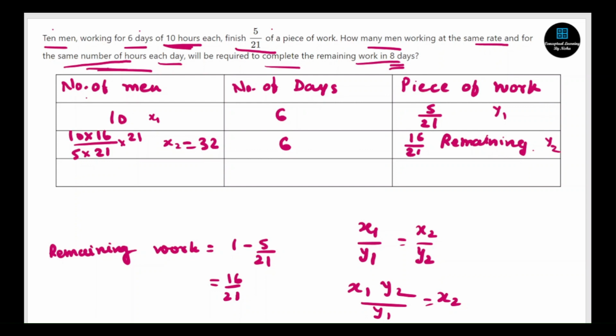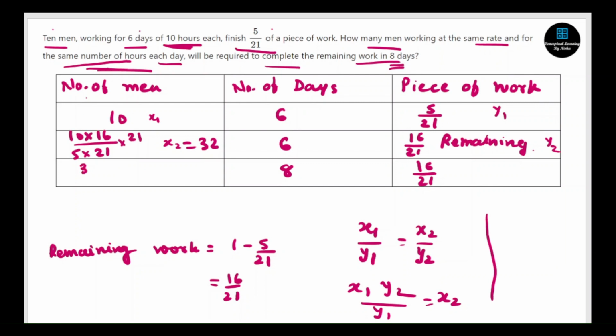Okay. Now we have to find for this work. This work can be completed in 8 days. So now work is constant and we have to find again the number of men. Now understand, more men, fewer days, and fewer men, more days. So it's an inverse relationship. For an inverse relationship we have these two values.